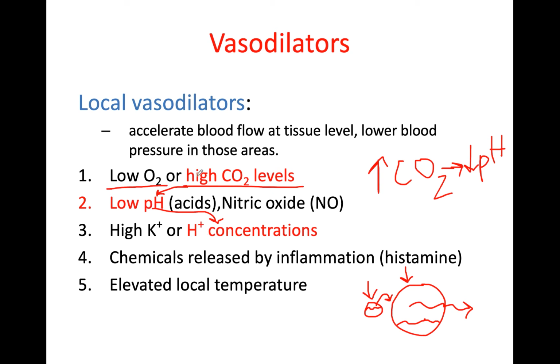And I'd like you to make connections between these 3 points. High potassium will also cause vasodilation. Inflammation from histamine will cause vasodilation, and high temperatures causes vasodilation. So all of these are going to cause vasodilation, increase blood flow to certain areas of your body.